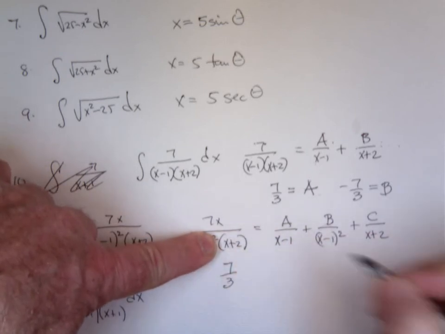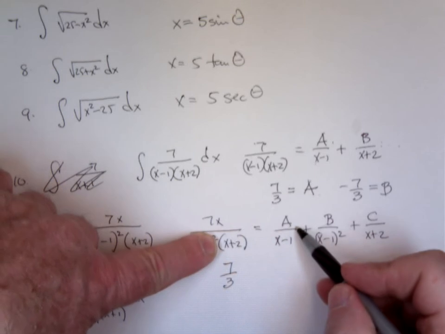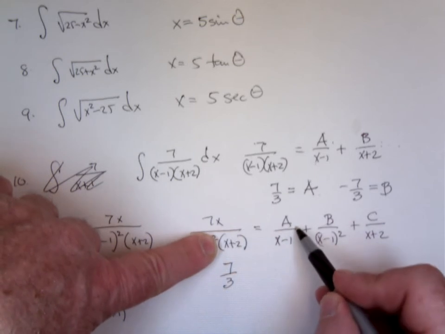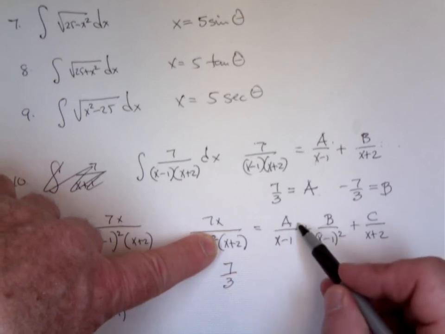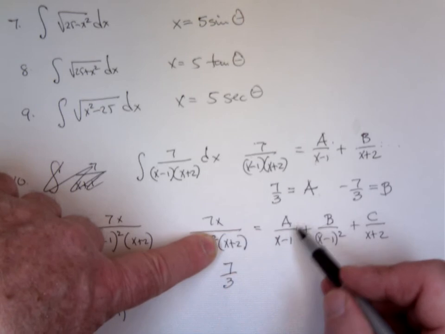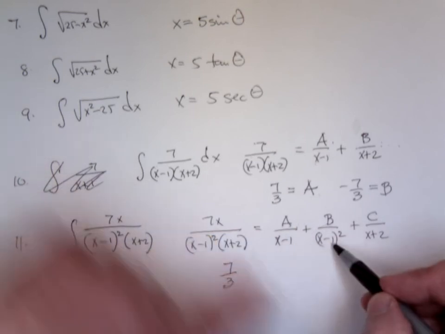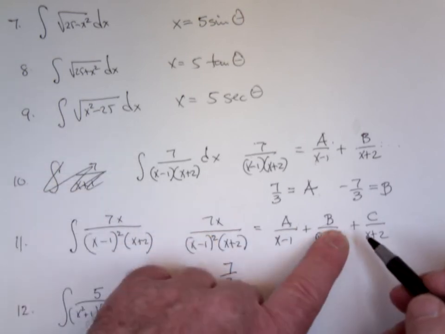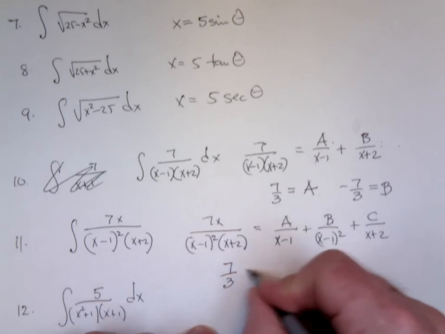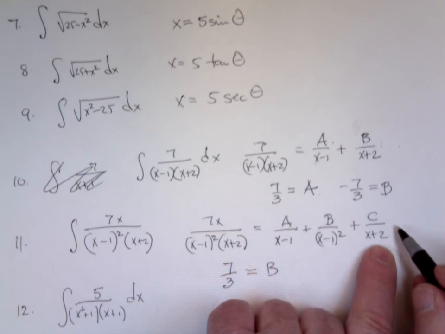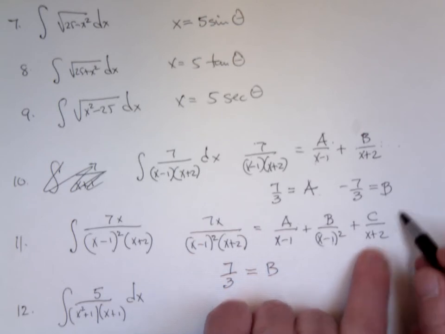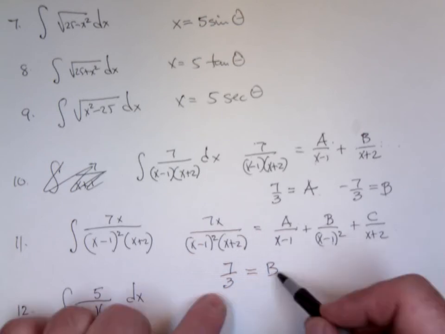What happens over here when you multiply by x minus 1 squared? One of the x minus 1's cancels. You still have an x minus 1, but you let x equal 1, which gives you a 0. On the B's, the x minus 1 squares cancel. On the C's, the x minus 1 squared, you let x equal 1, that gives you a 0. We have B is 7/3.